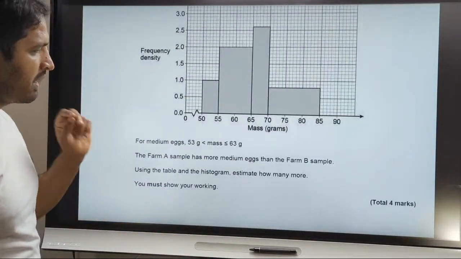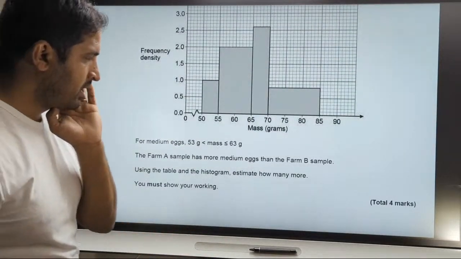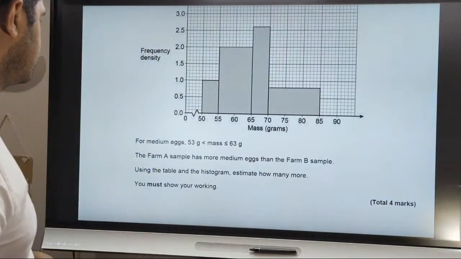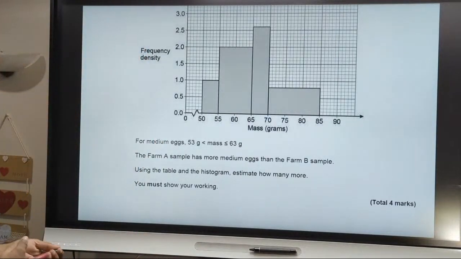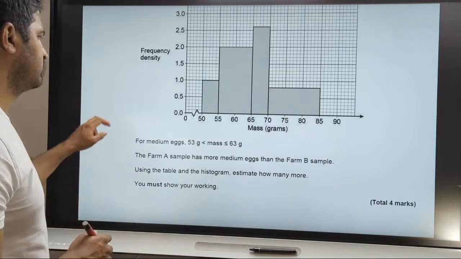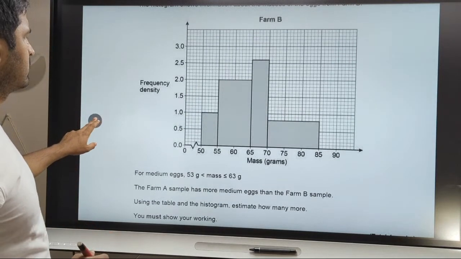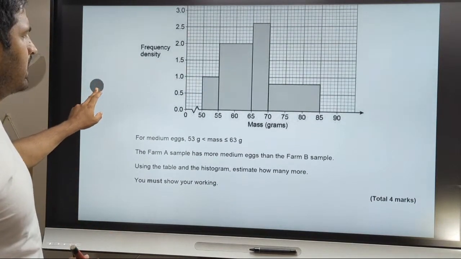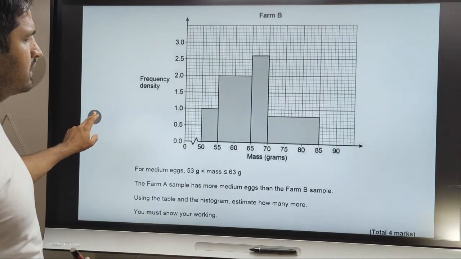Farm A has a sample with more medium eggs than the farm B sample. Using the table and the histogram, estimate how many more. For medium eggs, 53 grams to 63 grams.